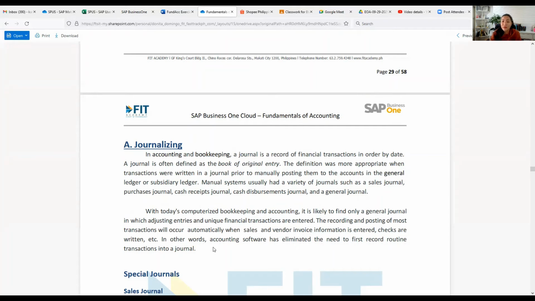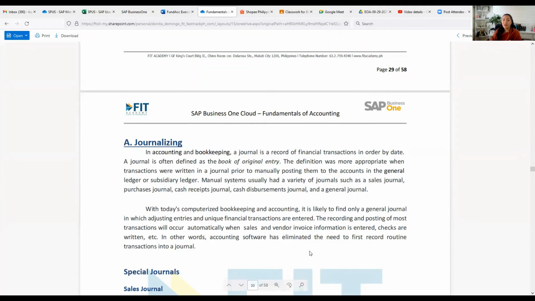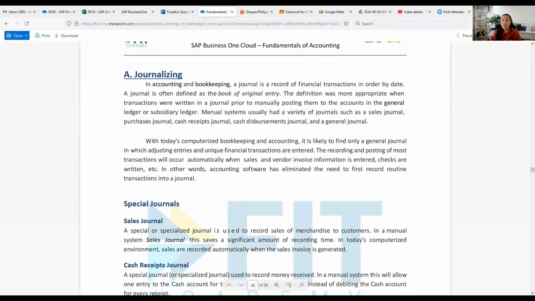The definition was more appropriate when the transactions were written in a journal prior to manually posting them to the accounts in the general ledger or subsidiary ledger. Manual systems usually had a variety of journals such as sales journal, purchases journal, cash receipts journal, cash disbursement journal, and a general journal.